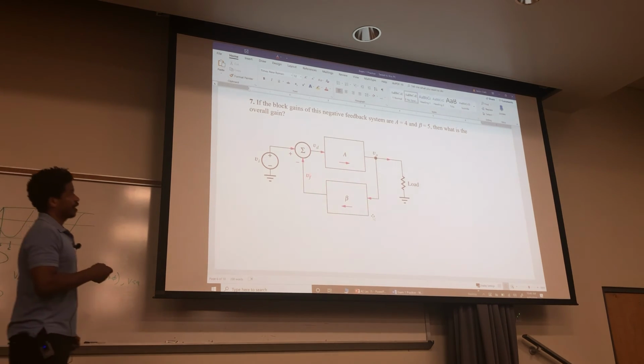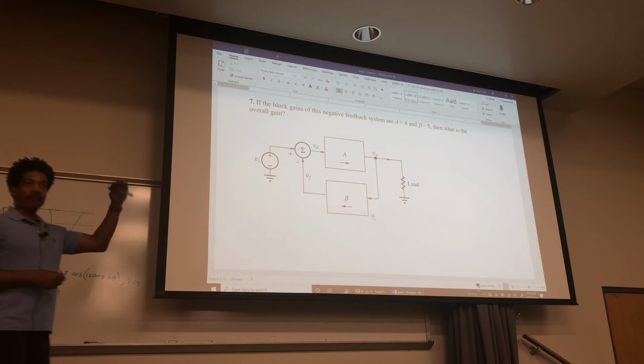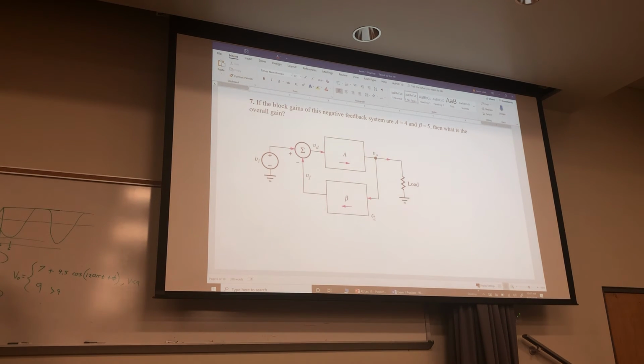VF is going to be your V out times this beta, and so you're going to have all your equations of your voltage relationships, and then you just have to substitute them into each other and get it in terms of V out over V in. You guys okay with that? Cool.